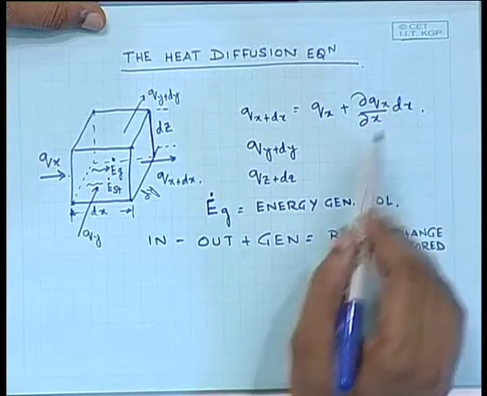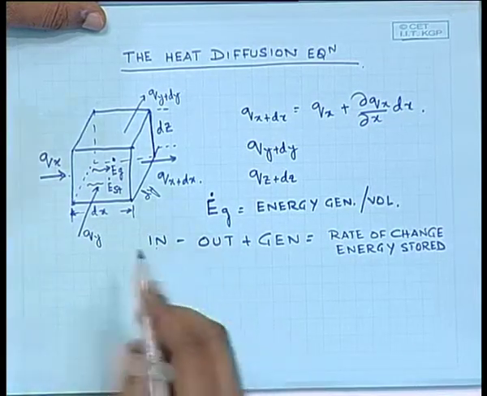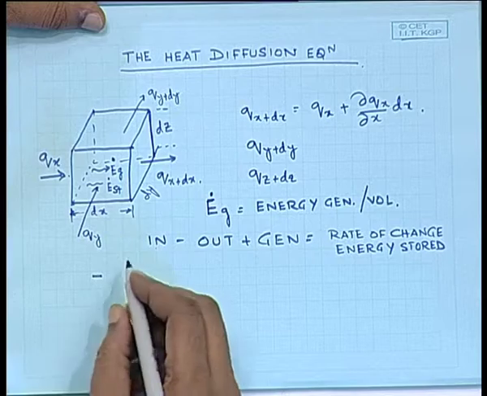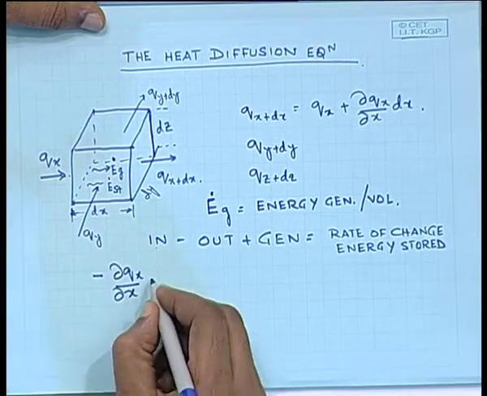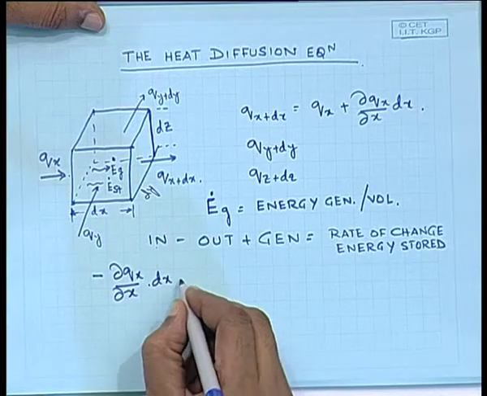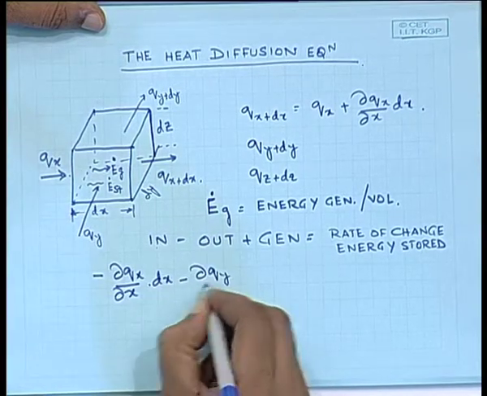del x times dx. So if I make in minus out, I am simply going to have minus del Qx del x times dx minus del Qy.